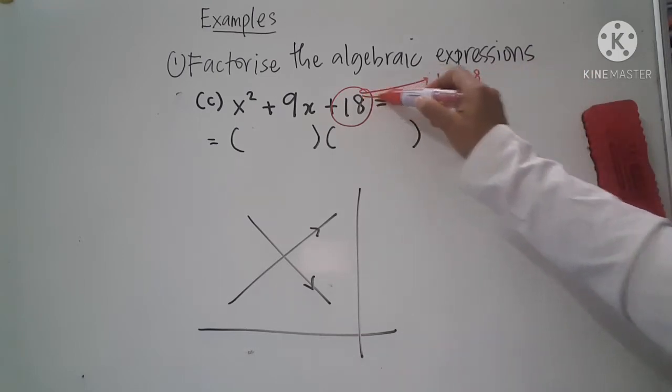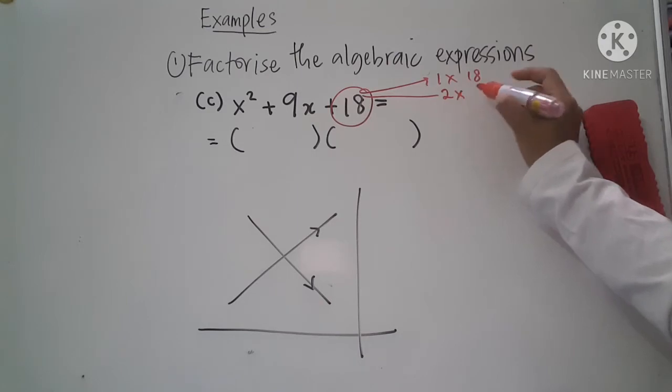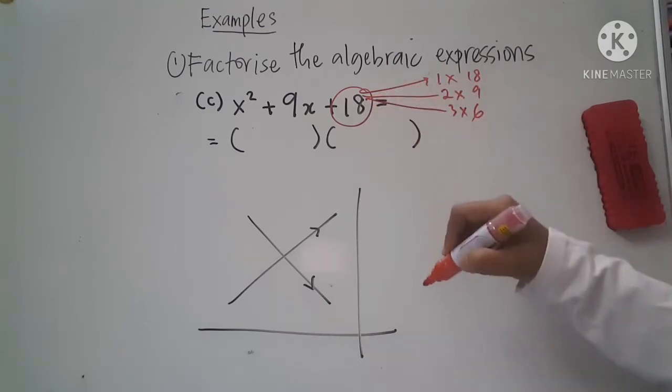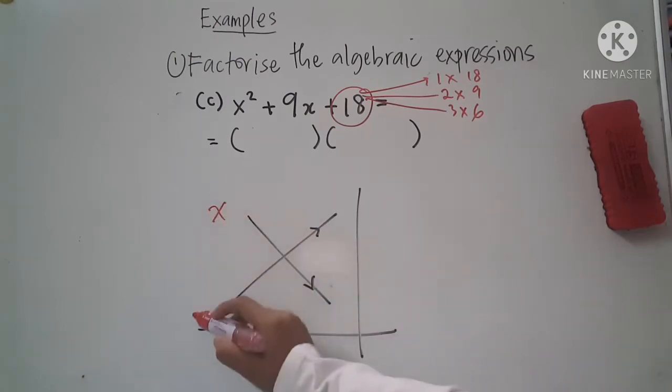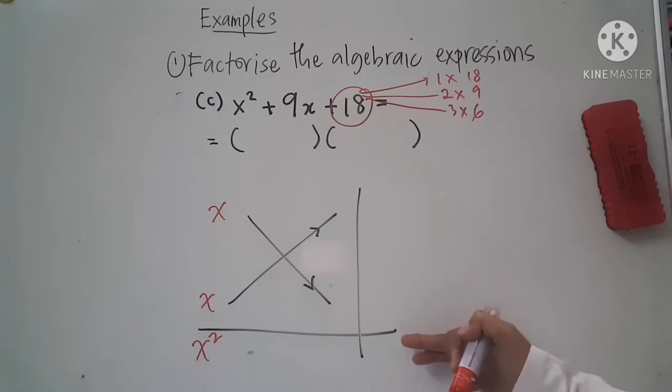In order to have the 18, the factors are 2 times 9 or 3 times 6. Let's say I put here x. We have x squared. And then this one, what number are we going to put?